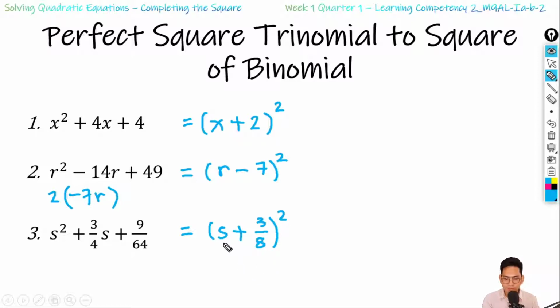We multiply s times 3 eighths, therefore we have 3 eighths of s, and then multiply that again by 2. In multiplying this, we can have 2 and 8 cancelled, therefore we have 4 and 1, resulting in 3/4 of s, which is actually the second term of this trinomial.